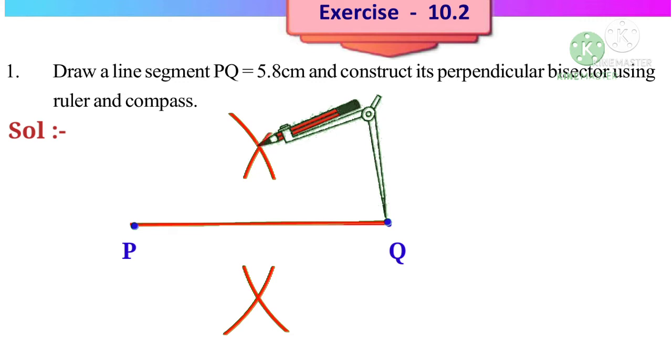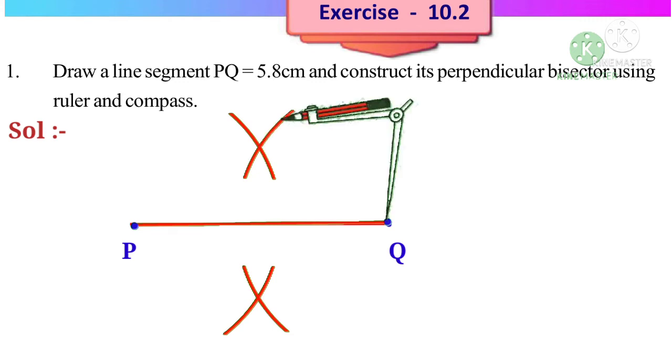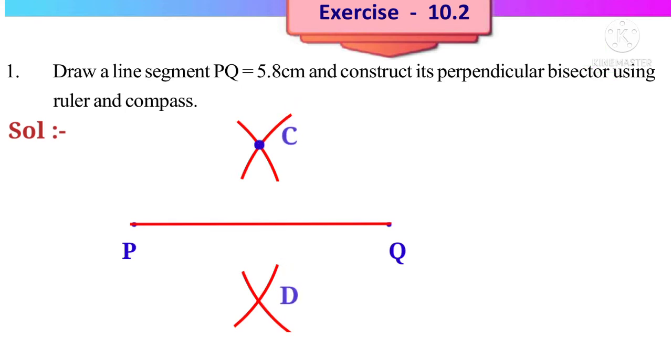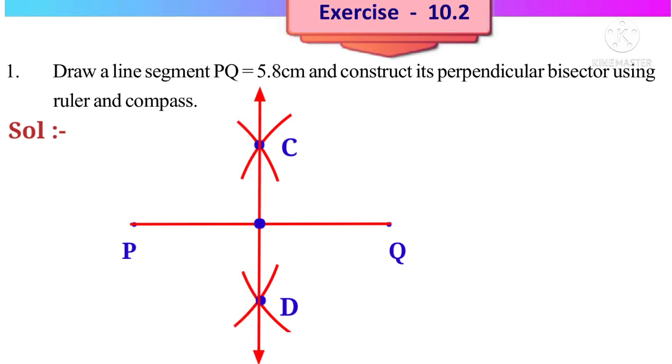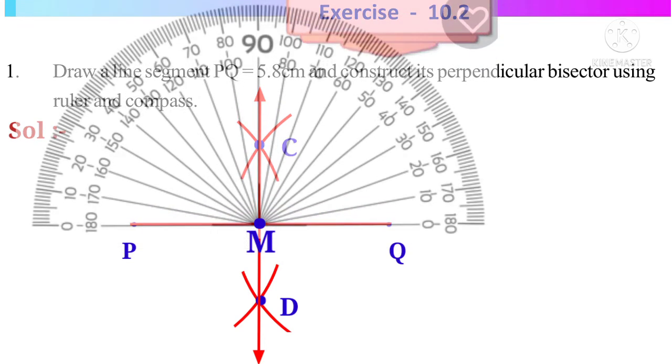After cutting, we observe that there are two intersecting points C and D. Now join these points C and D with a ruler and observe that the line CD cuts the line PQ at M. Take the protractor and put its base on the line PQ and observe that angle CMP is equal to angle CMQ is equal to 90 degrees.